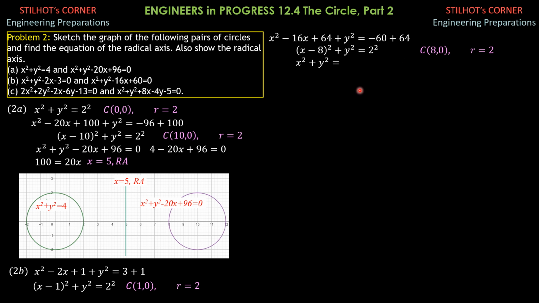For the radical axis, x squared plus y squared equals 2x plus 3 from this equation. We substitute it here. So 2x plus 3 minus 16x plus 60 equals 0, or 63 equals 14x. So x is 63 over 14. That's the equation of the radical axis, which is x equals 4.5.